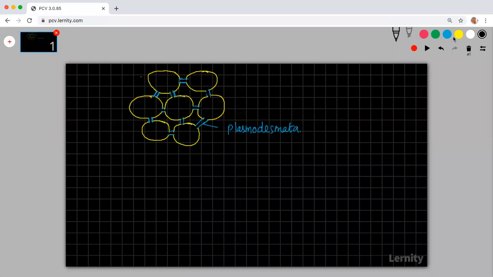Okay. So this interconnected area, the inside part of it, the cytoplasmic fluid which is connected inside, we call it as symplasm.